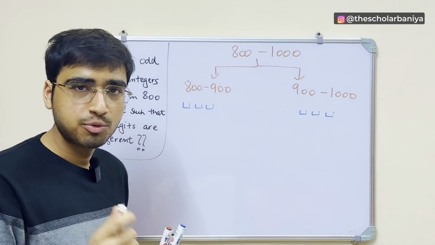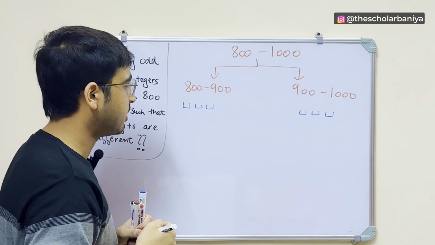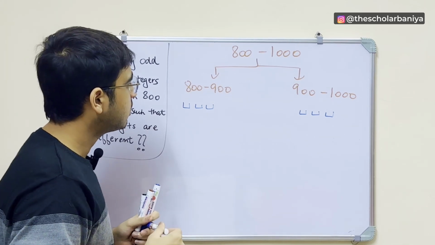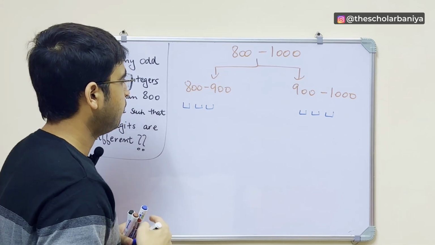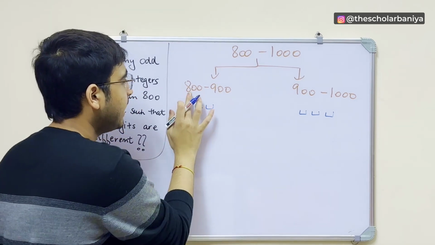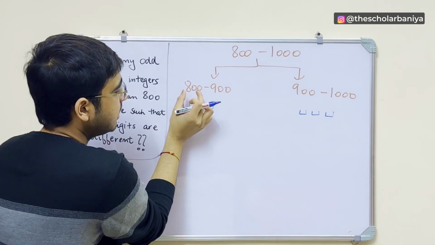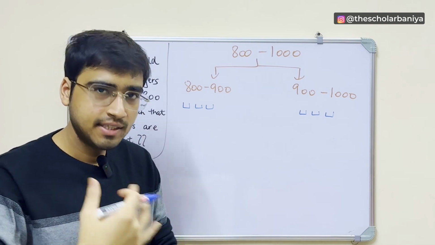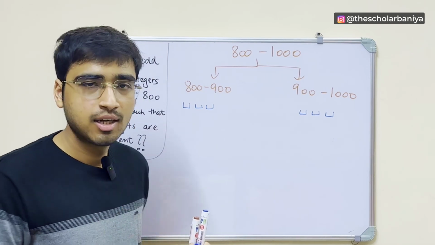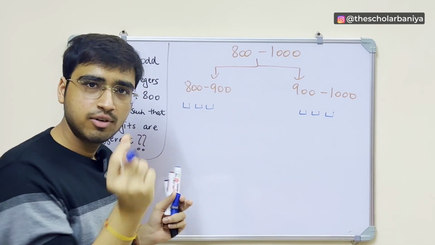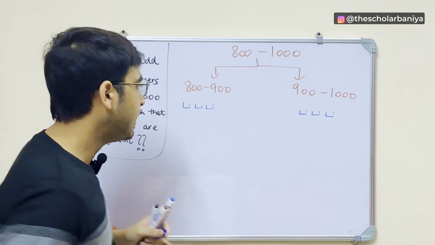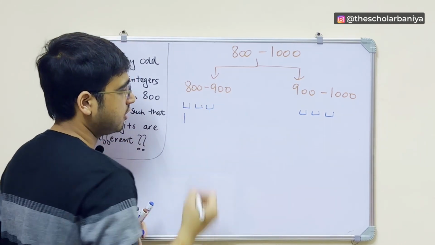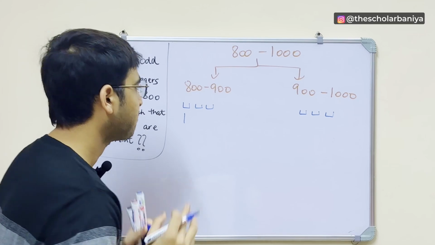For the first digit, we basically have one option, which is 8, because we are taking 800 to 900. So 801, 802, 803 up till 899. In all these cases, the first digit is the same, which is 8. So we only have one option.